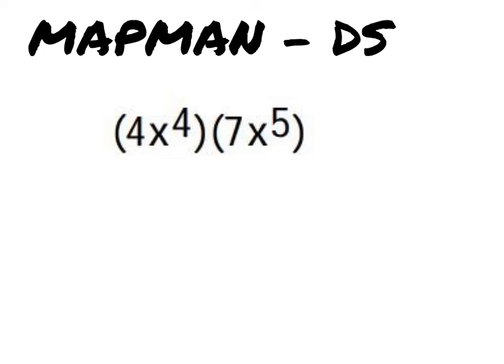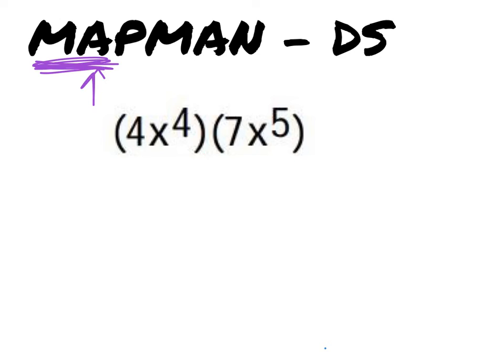Okay, so when we're looking at examples, first thing you got to do each and every time when you're working with Map Man is decide what is the operation that we're doing here. So you can see from this operation that we're multiplying. That's what all these parentheses are saying. So if we're multiplying, that's this part of Map Man, it says we need to add our exponents. So my 4 and my 7, they're not like bases, they're just plain old numbers.